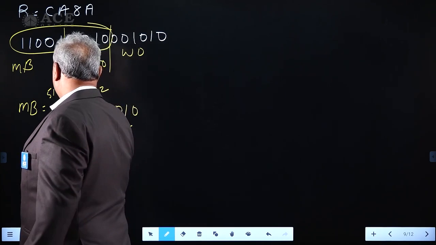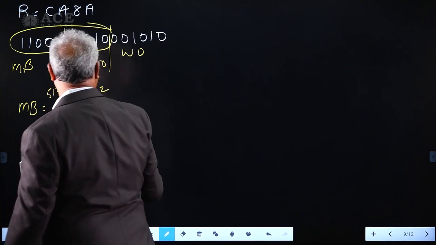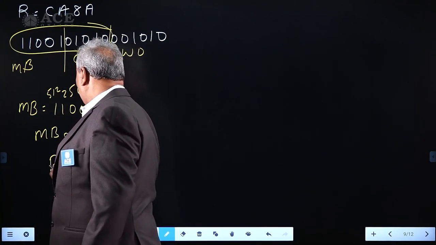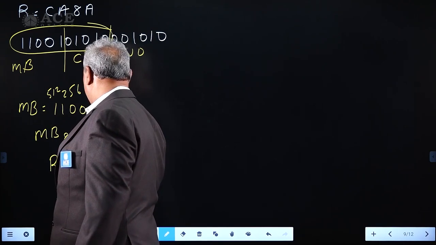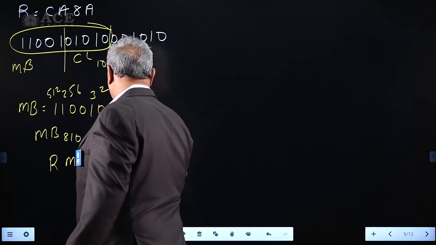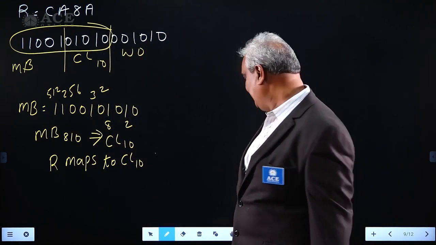MB 810 maps to CL10. This address, R, maps to CL10. Okay, next.